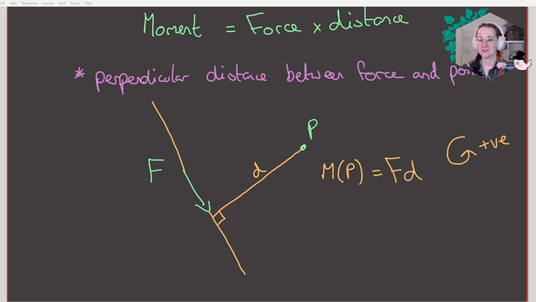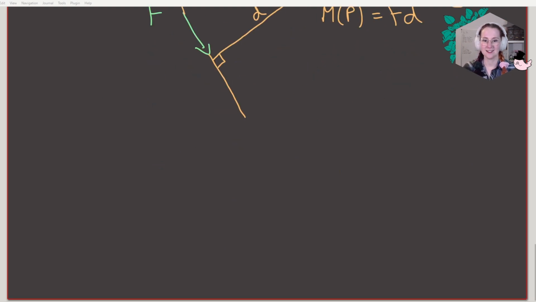So yeah, if we have another example of this, a point P and a series of forces, let's say here, then what we need to do is find the perpendicular distance, so sort of extend them down at right angles, that one.